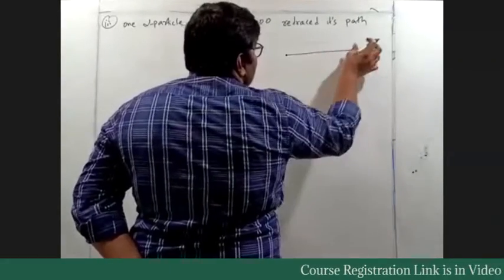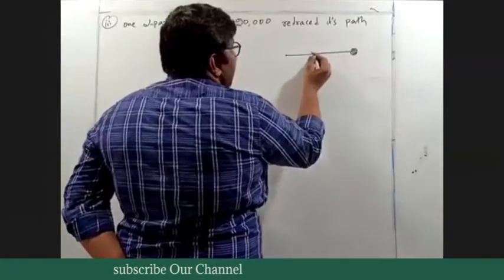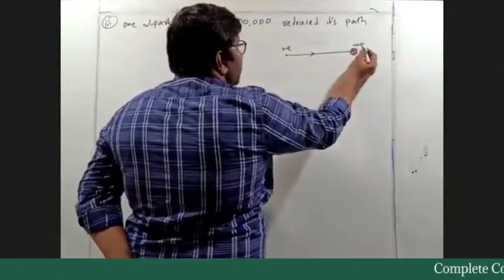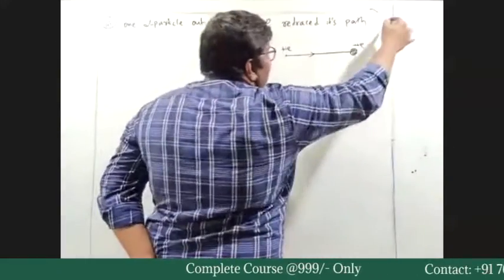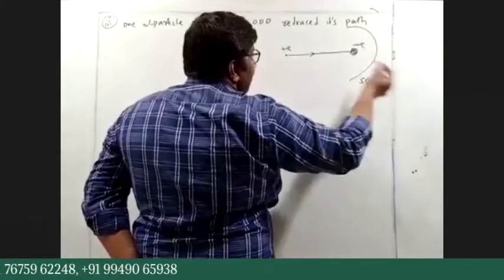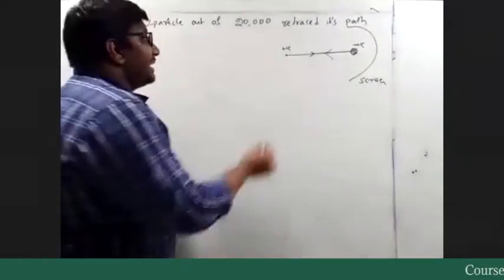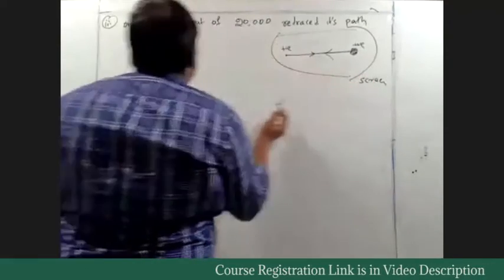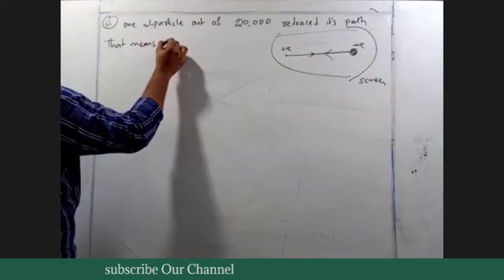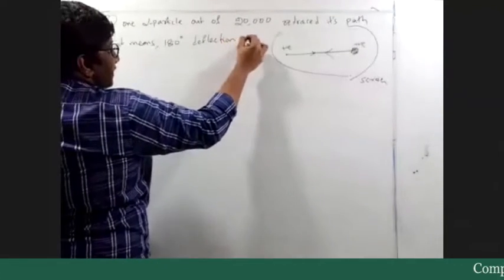If the alpha particle is approaching in the exact straight direction, it will experience repulsion, right? It is also positive. So it will have a repulsion and it will never hit the screen. This is our screen, right? It will never hit the screen and retraces its path. Exactly 180 degrees. That means 180 degree deflection occurs.